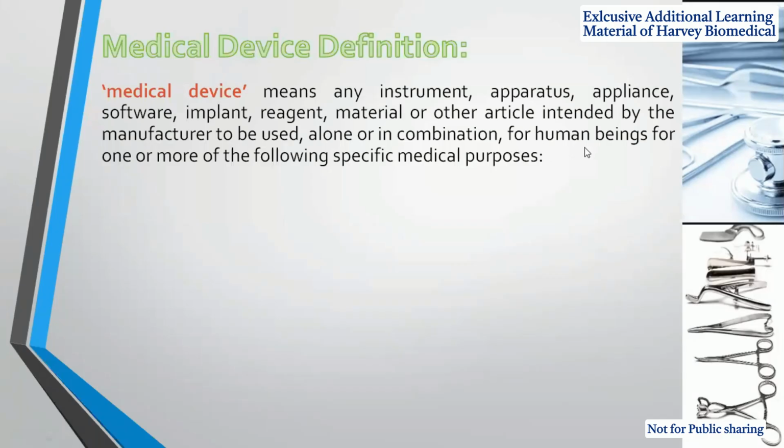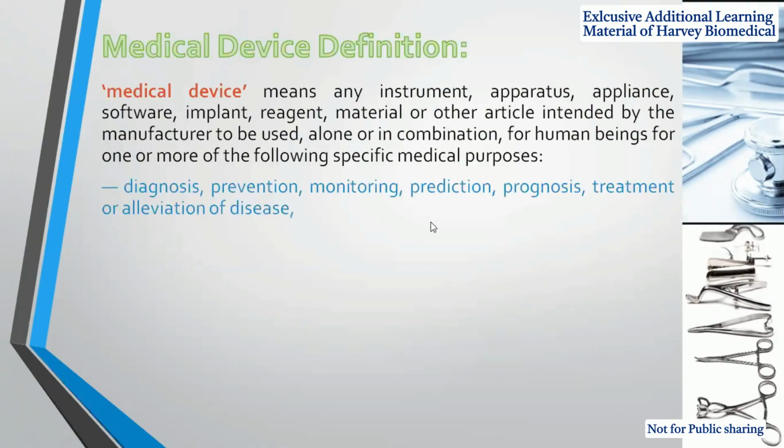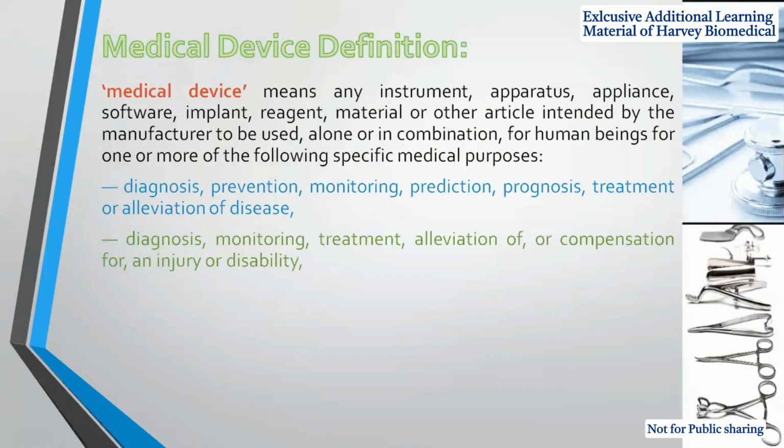And these specific devices go to human beings for one or more of the following specific medical purposes. You can see the medical purposes: diagnosis, prevention, monitoring, prediction, prognosis, treatment or alleviation of disease. Diagnosis, monitoring, you can see they are similar, but only one or two terms are different.